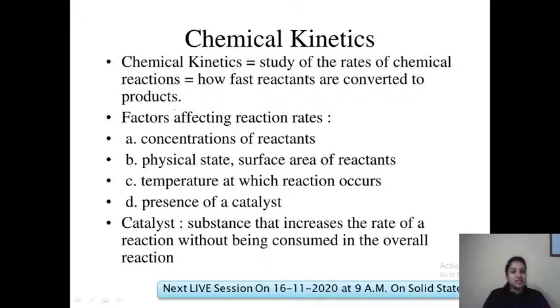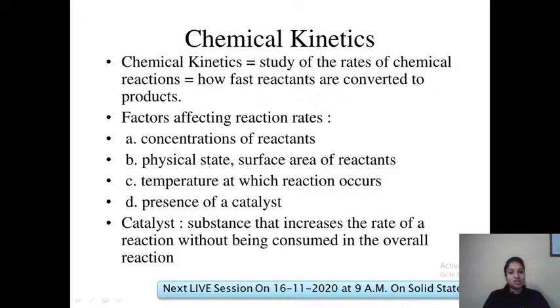Right. Now, there are different factors which would affect the rate of any chemical reaction. For example, the first factor that is affecting the speed or rate of any chemical reaction is concentration of the reactant. We can say rate of any chemical reaction is directly proportional to concentration of the reactant.